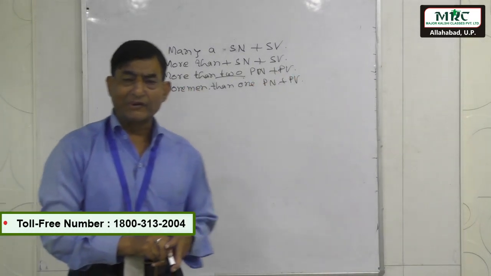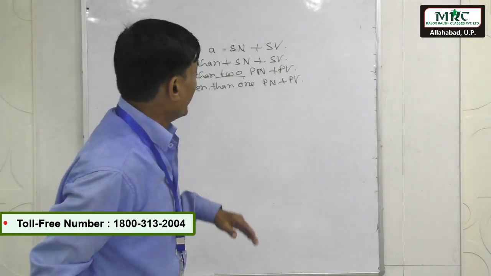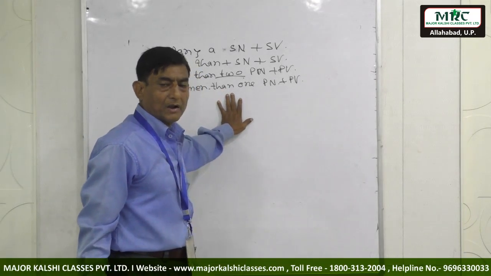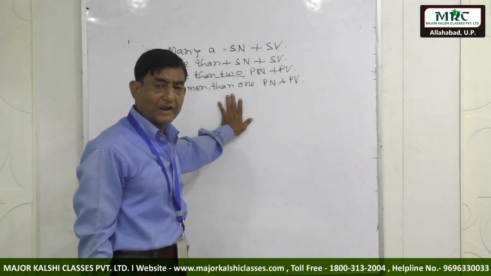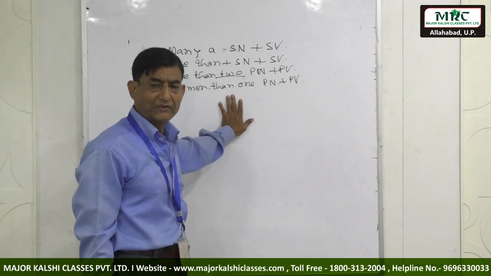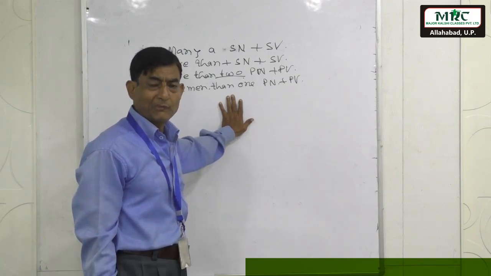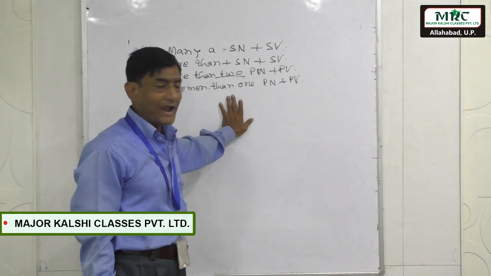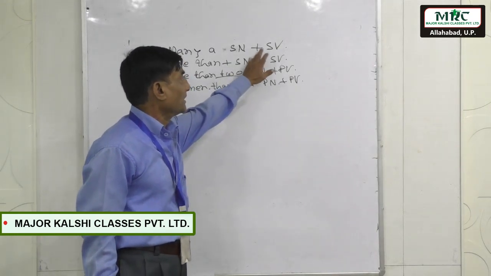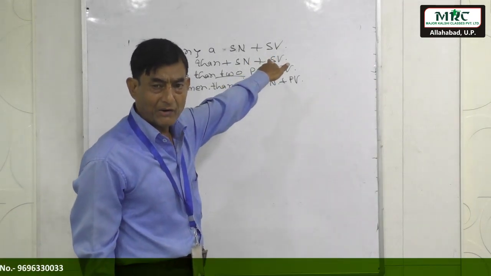It is usually seen that any one of the 4 usually appears in your paper. So this set is to be taken care of, and nouns and verbs are to be applied accordingly.